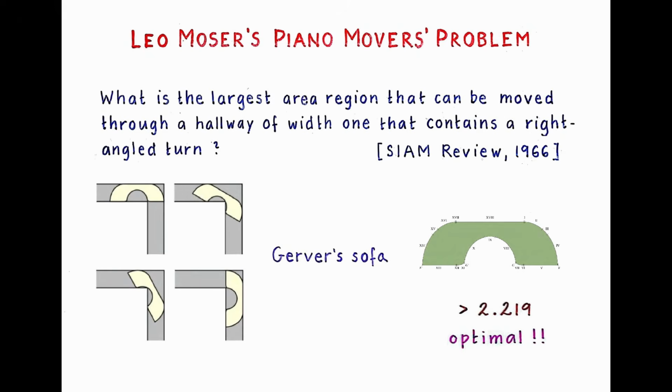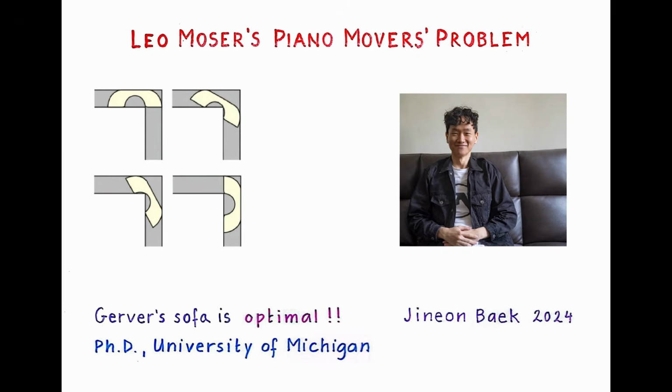And now we know that most likely this is indeed optimal. It was proved in a PhD dissertation by Jineon Baek last year. You can read the dissertation because it is available on arXiv. It's more than 100 pages long, but it is very nicely written.